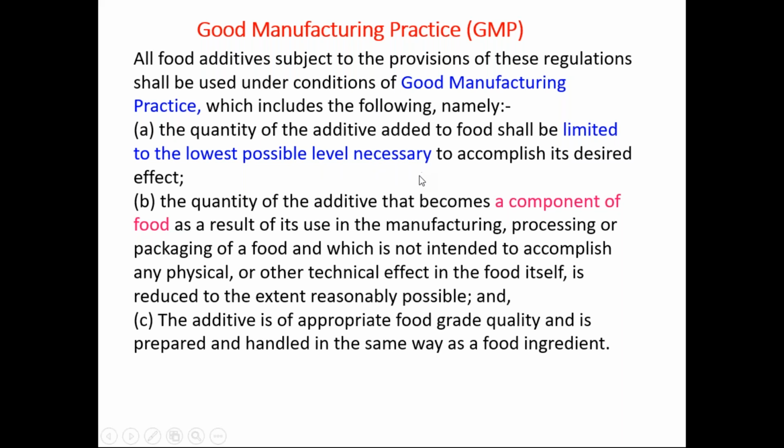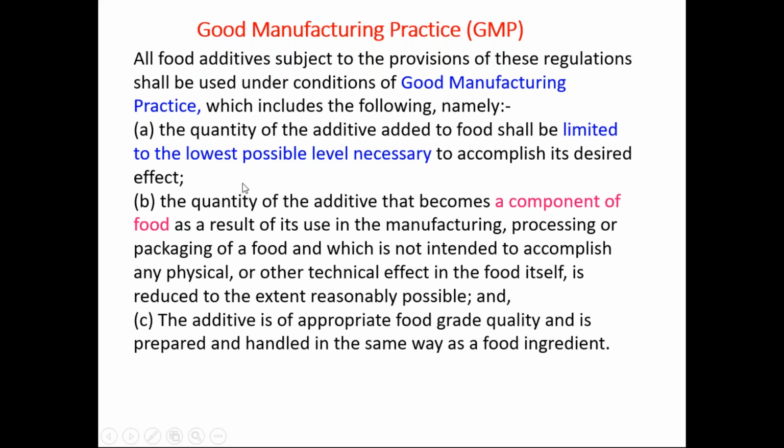What this means is, even if the regulation says 1000 ppm, it doesn't mean that the food business operator has to add up to 1000 ppm. He can add the minimal amount necessary to achieve the action. It could be just 120 or 150. That is good manufacturing practice.